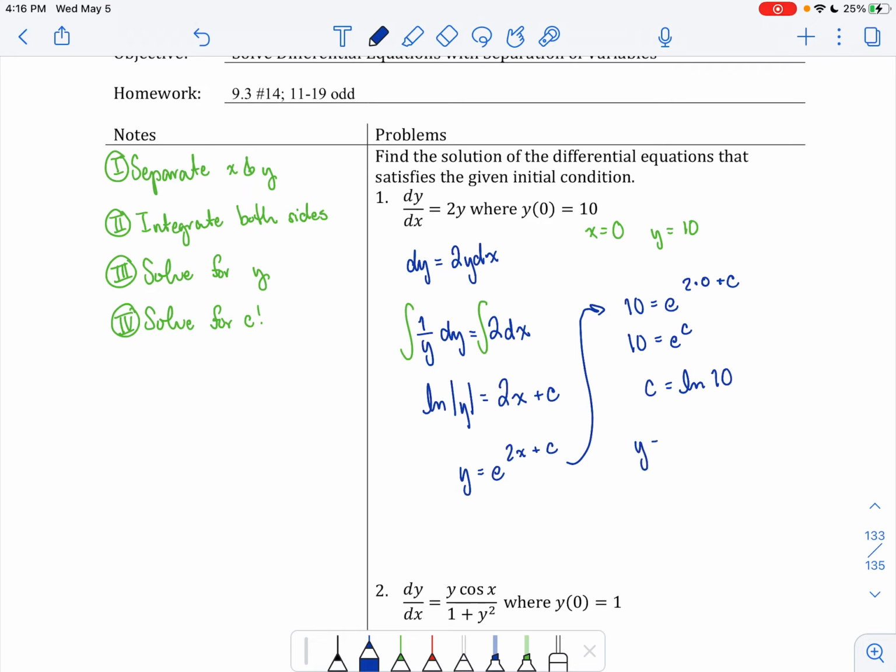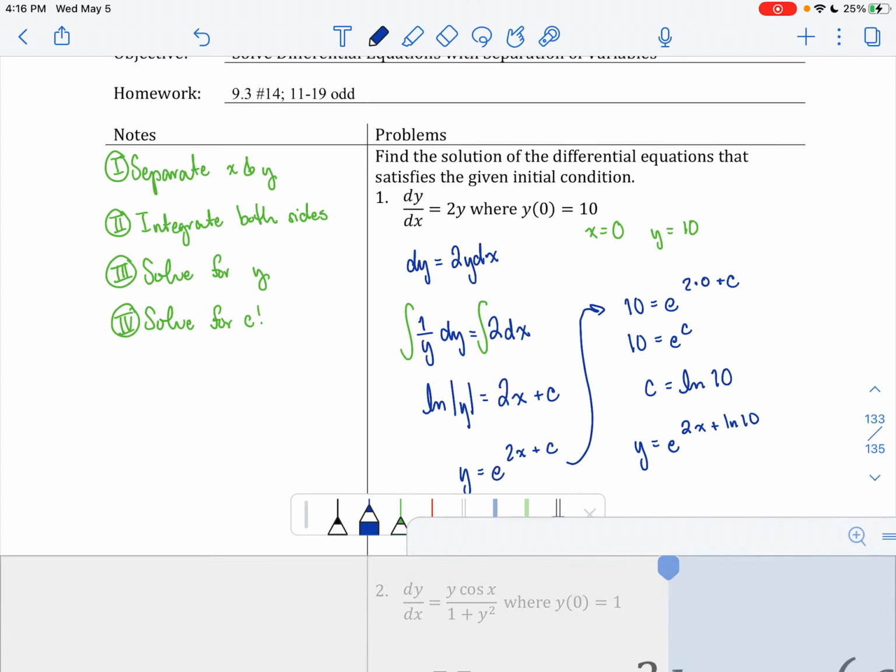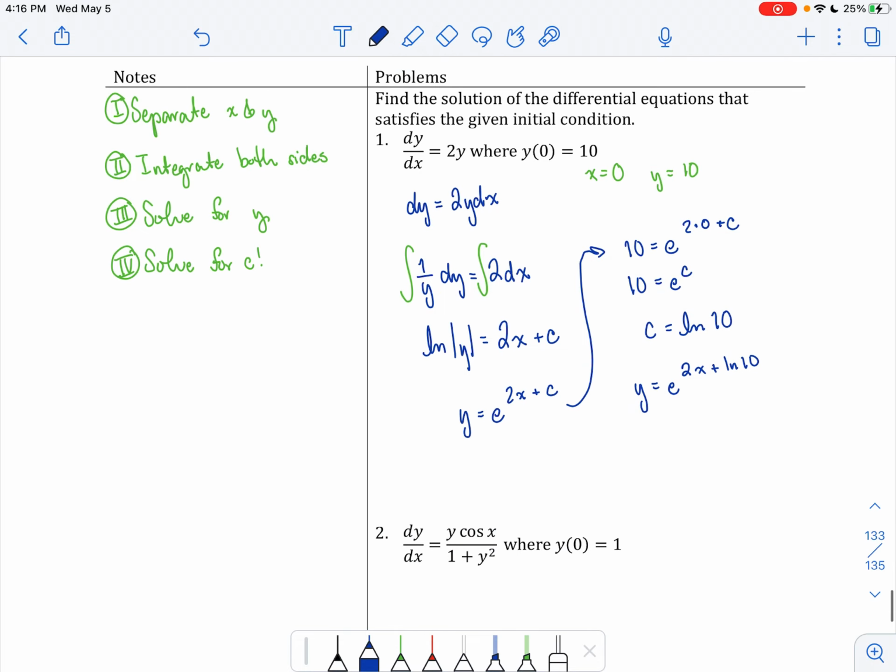So then y is equal to e to the 2x plus ln of 10. Now, as I said, you'll often see problems with e to the x like this written slightly differently. The reason for that, you can imagine in this case, is that the e and the natural log can simplify, but the 2x can't.